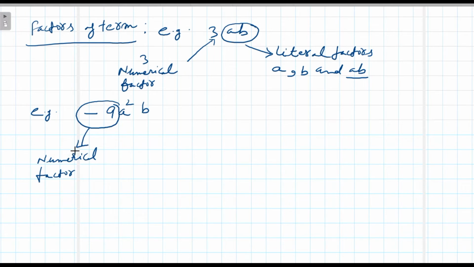What are its literal factors? The literal factors are, first of all we will take a, then a square, then b, then ab and then a square b.